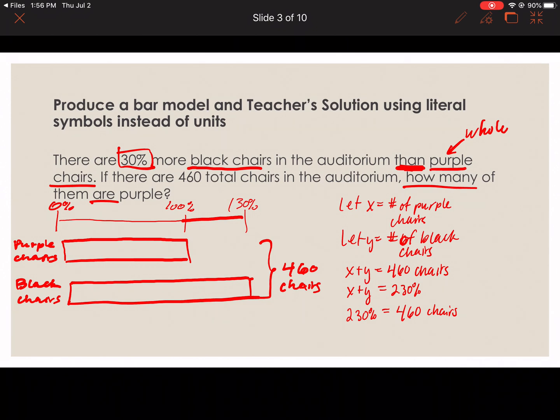Now, we want to break down our 230 and build up to 100 because that's our question. Our question is, how many purple chairs are there? So this is our question mark. We need 100% here. Now, we can break down to 5% or 10% or something like that. But let's make it a little bit easier and break down to 1% is equal to 460 divided by 230.